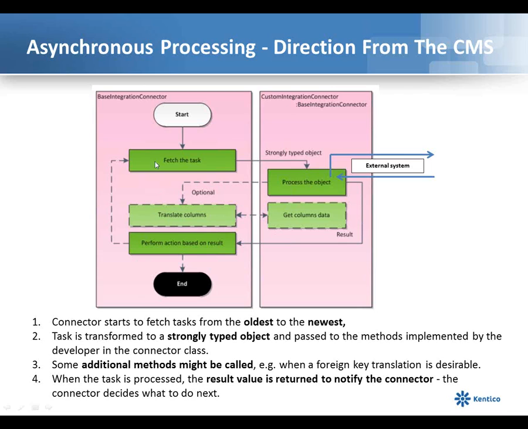So the way it works is that there are tasks sitting in the queue, and this base integration connector will try to process them one by one. So first task will go into your connector. If it matches your subscription condition, here you will process it. Optionally, you can translate those columns if needed.